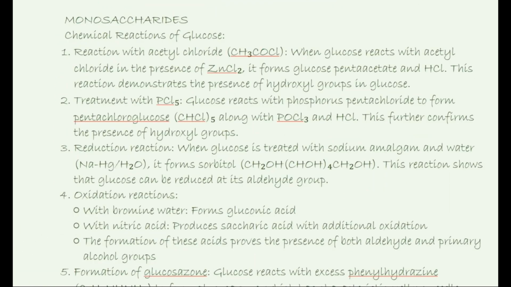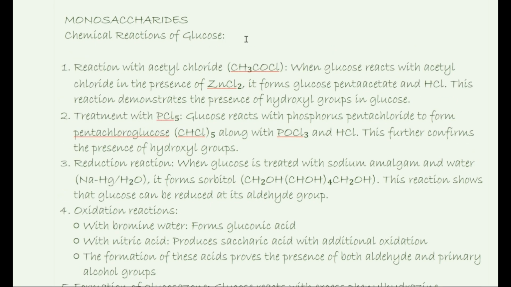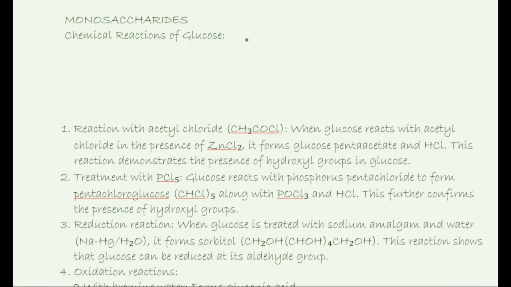Okay, on to the chemical reactions of glucose. Glucose is a monosaccharide. Where are we getting glucose? The source from which we can prepare glucose is cane sugar or sucrose. The formula of sucrose is C12H22O11.